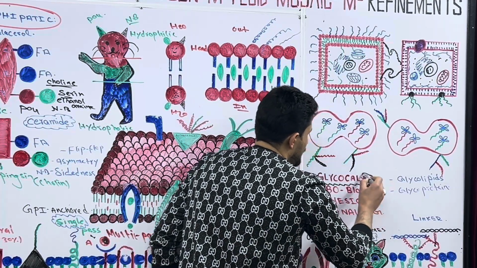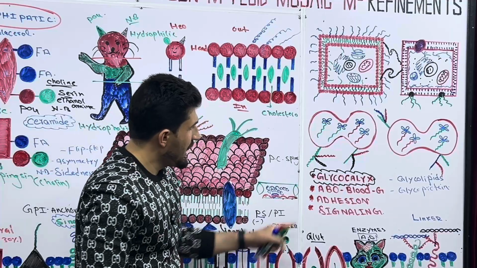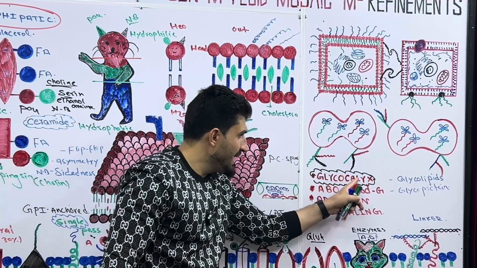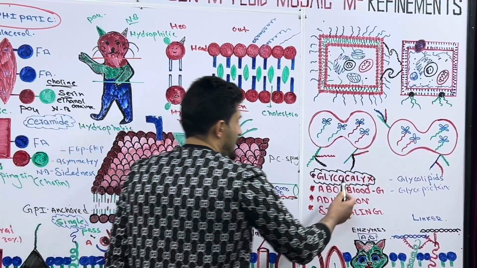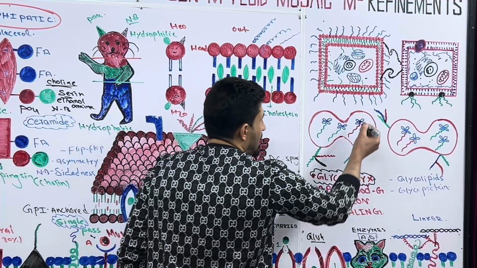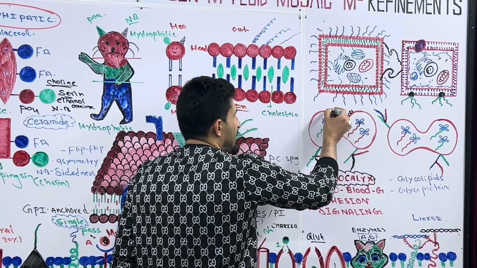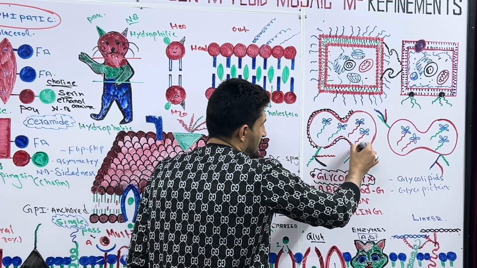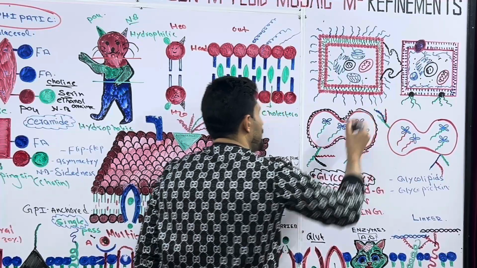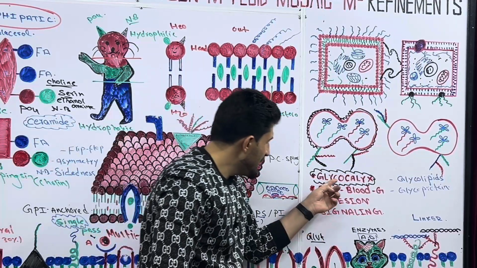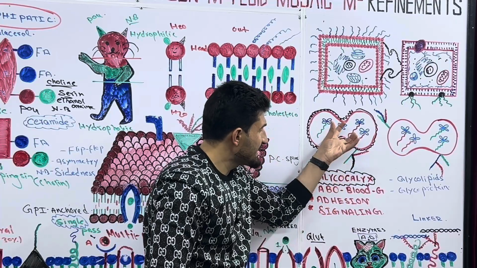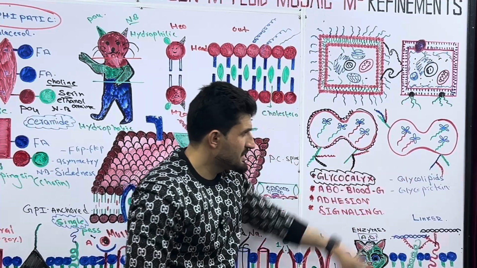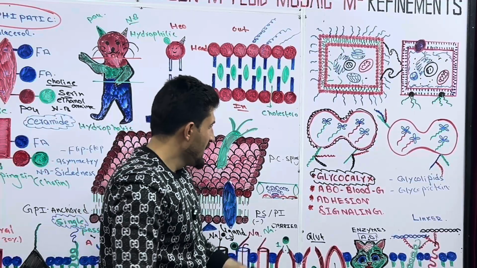One important function is that carbohydrates make the glycocalyx. What do I mean by glycocalyx? Glycocalyx is a narrow layer around our cell membrane, okay? And this glycocalyx protects our cell membrane from different types of damage, okay?